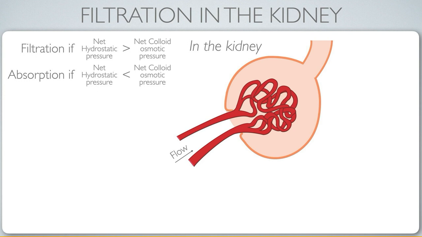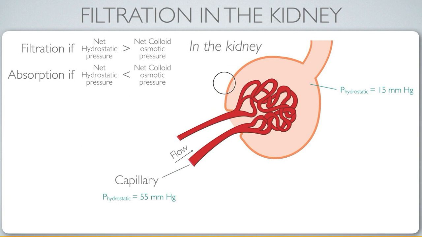By the time we get to the level of these capillaries, the hydrostatic pressure is down to about 55 millimeters of mercury. That's going to tend to drive filtration. And we have a small but non-zero hydrostatic pressure in this space here.